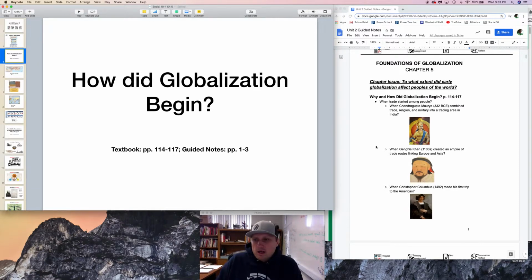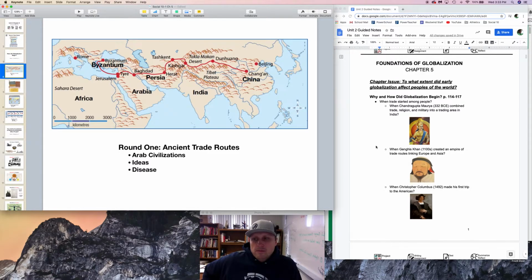We start by talking about the 3 phases of globalization. And the first phase is these ancient trade routes. So remember, this is all stuff you learned in grade 8: Silk Road, sailing routes, and early contact between places like Asia, the Middle East, Europe, and eventually the New World, or quote unquote New World.